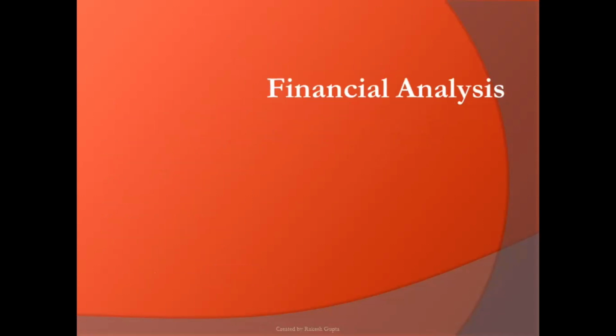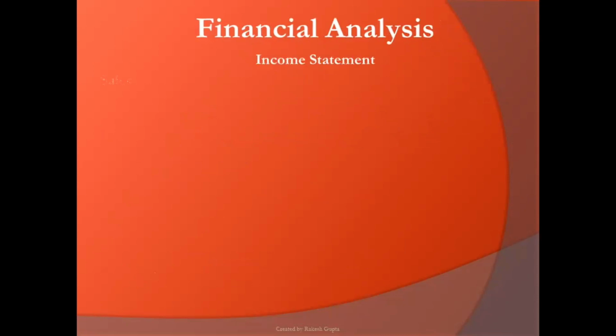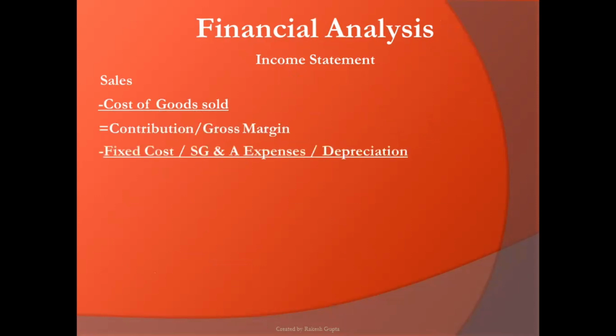from the income statement. Start from sales. Deducting cost of goods sold, we get contribution gross margin. Deducting fixed cost, selling, general and administrative expenses, depreciation, we get operating income.